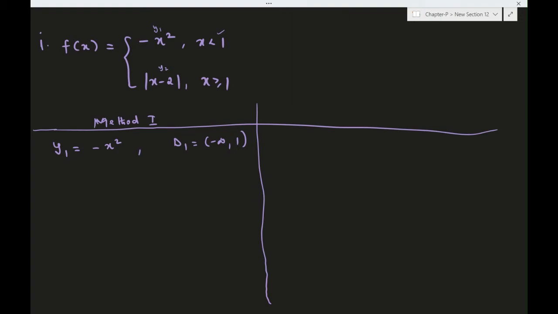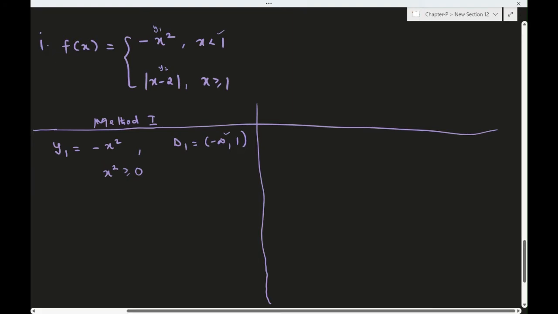Now let's find the range for this simple function. What do we know? We know that x squared is greater than or equal to 0. This is true even in this domain, because x equals 0 is in this domain, so we have equality at 0.